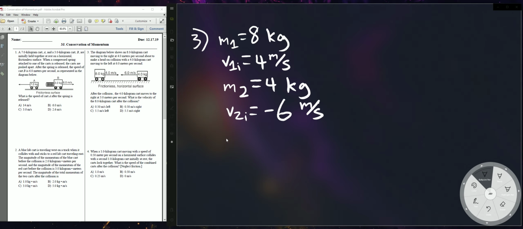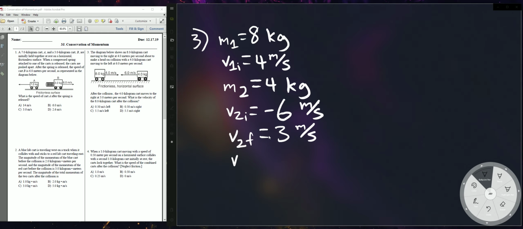After collision, the 4 kilogram cart moves to the right at 3 meters per second. And so the final velocity of cart 2 is 3 meters per second. What's the velocity of the 8 kilogram cart after collision? It's telling us that the 4 kilogram cart is moving to the right, and so V2f is 3 meters per second.